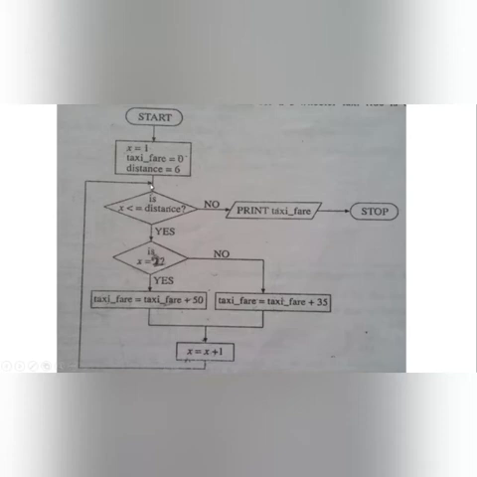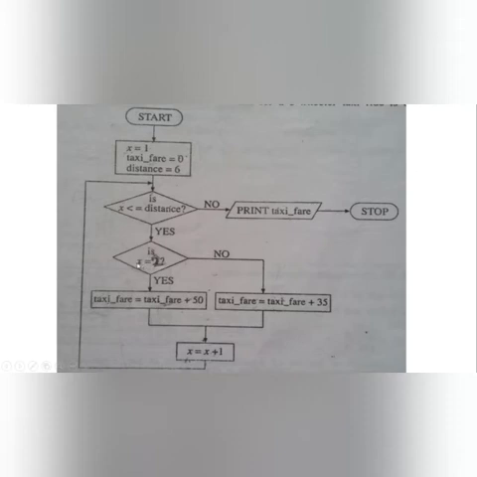A repetition begins. In the boolean, they are asking us, is the new x, which is 2, less than or equal to the distance, which is 6. Since 2 is less than 6, we still say yes. Now they are asking us, is x equal to 2?